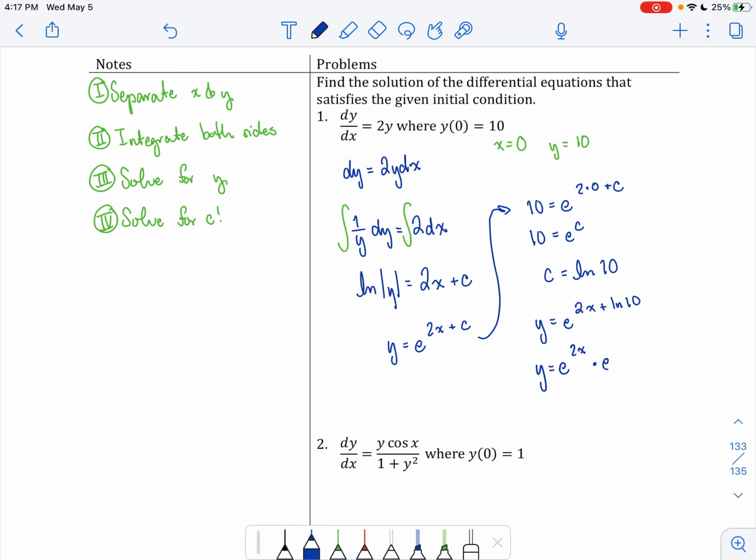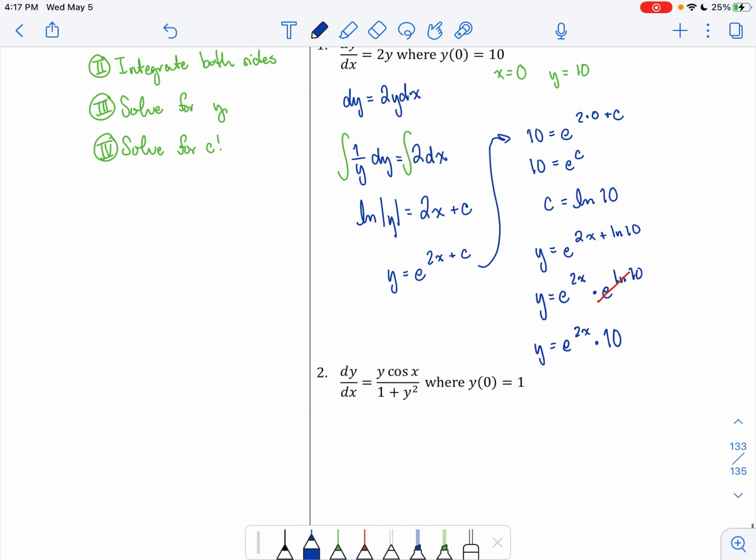So I'm going to write this as e to the 2x times e to the ln of 10. Separate that added exponent out into two terms. Now the e and the natural log can simplify. So we get e to the 2x times 10, which is how you get what probably would be in the back of the textbook, which is y is equal to 10 e to the 2x, just a nice exponential function.